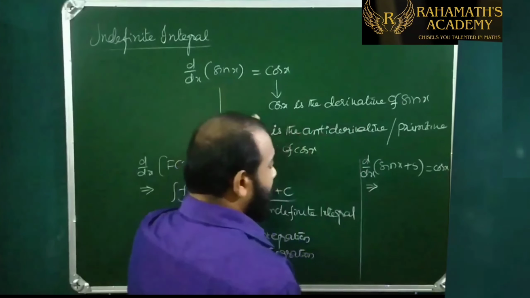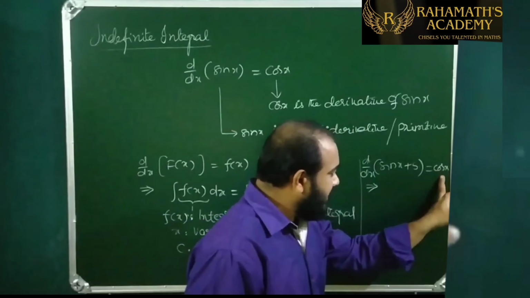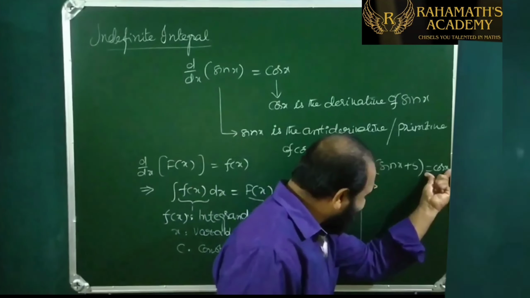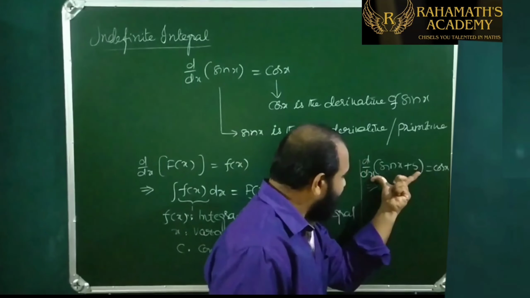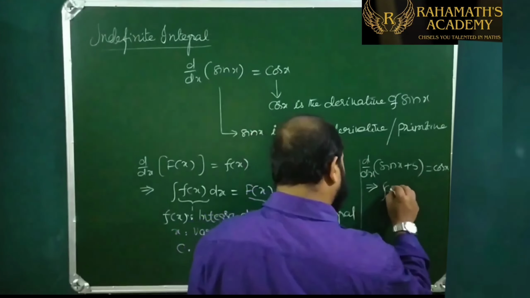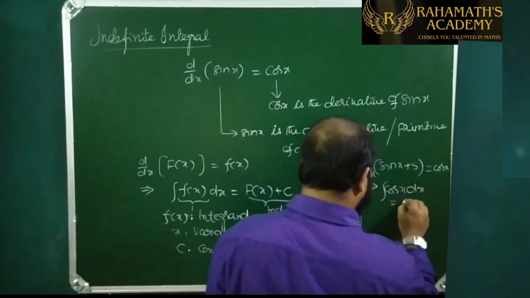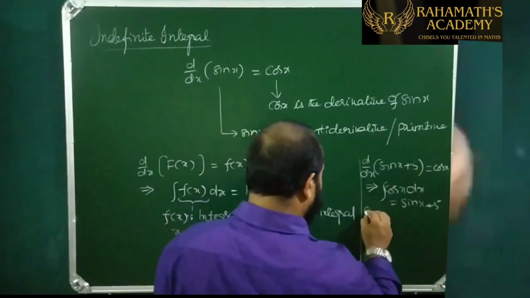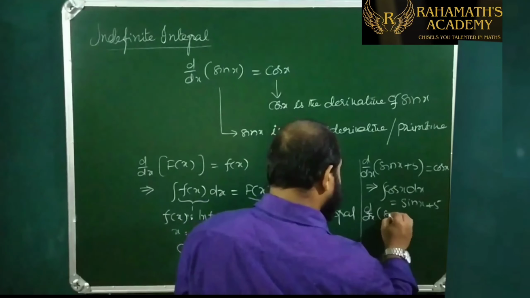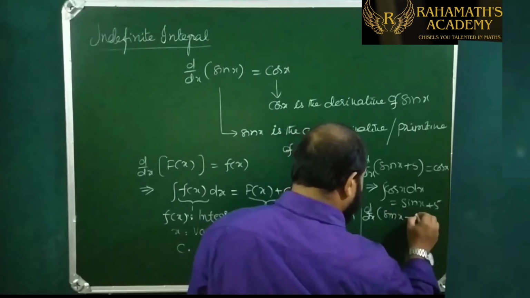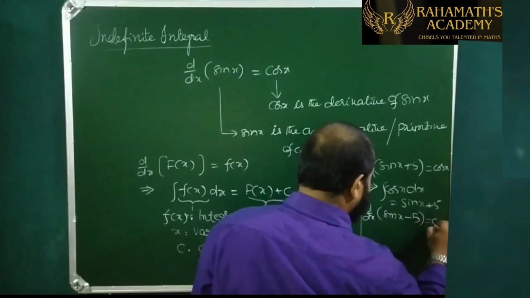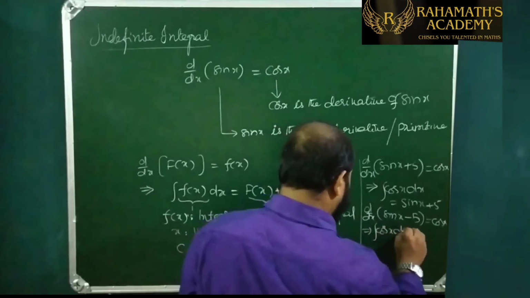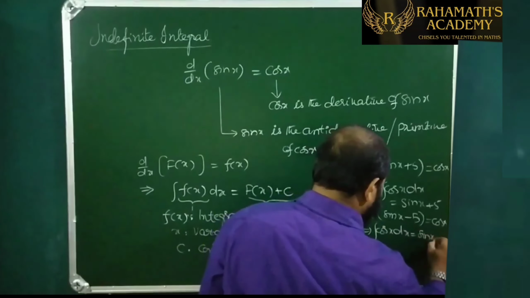Since integration is the reversal process of differentiation, if we integrate, we get integral cos x dx is equal to sin x plus 5. Take another example, d by dx of sin x minus 5, which is cos x. So, integral cos x dx is equal to sin x minus 5.